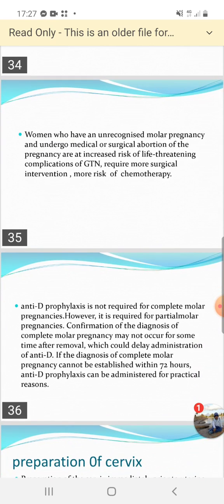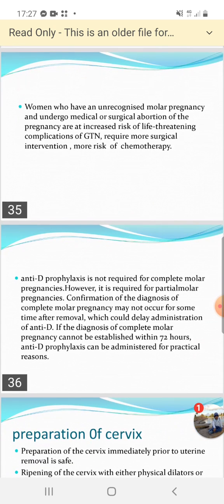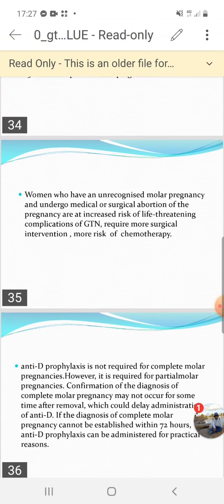Women who have an unrecognized molar pregnancy and undergo medical or surgical evacuation of pregnancy are at increased risk of life-threatening complications of GTN, require more surgical intervention and have more risk of chemotherapy. So this is also important. Like a patient is going for termination of pregnancy, she doesn't have an ultrasound, or even if she has an ultrasound, the sensitivity of ultrasound in diagnosing molar pregnancy is 56%.